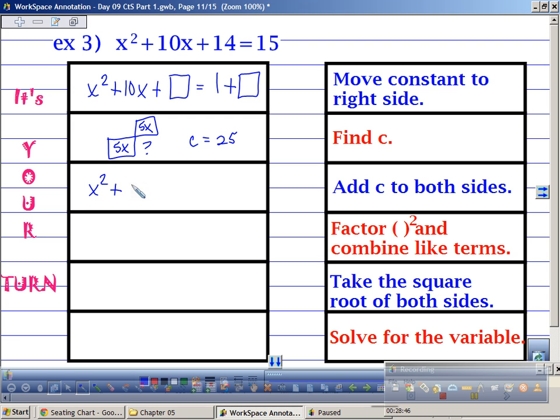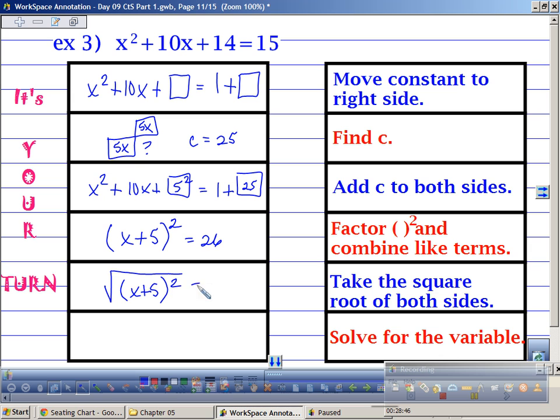I could leave it like this, x squared plus 10x plus 25, and this could be 5 squared, if I really wanted to make it that way, right? Then what goes in here? X plus 5. Then take the square root of both sides.